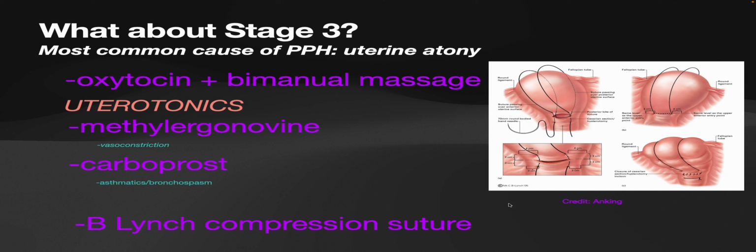The B-Lynch compression suture, using these steps here in this diagram, basically is a manual way, without using your hands directly, to induce uterine contractions and hopefully stop that bleeding that has resisted all the other medical interventions.